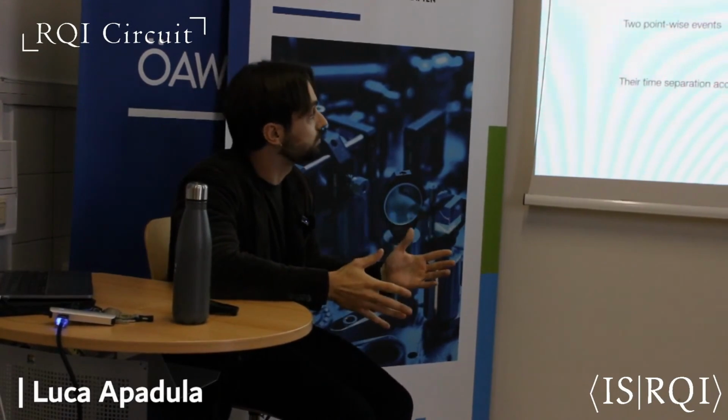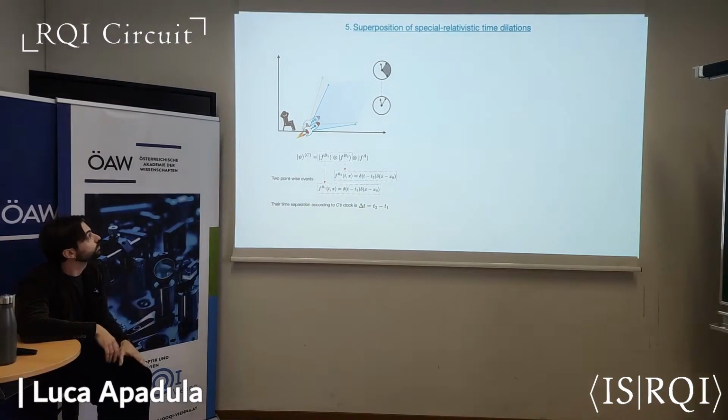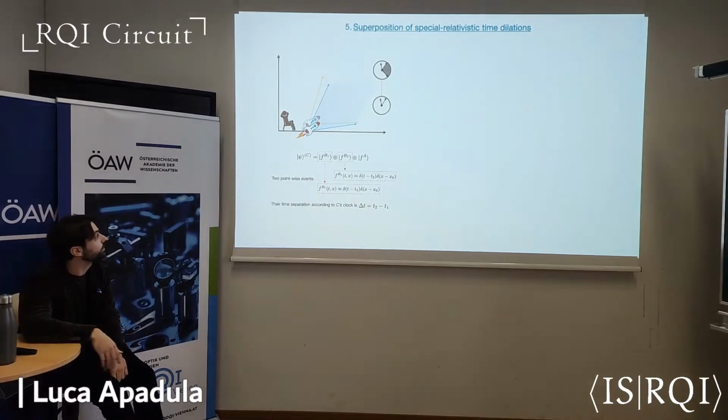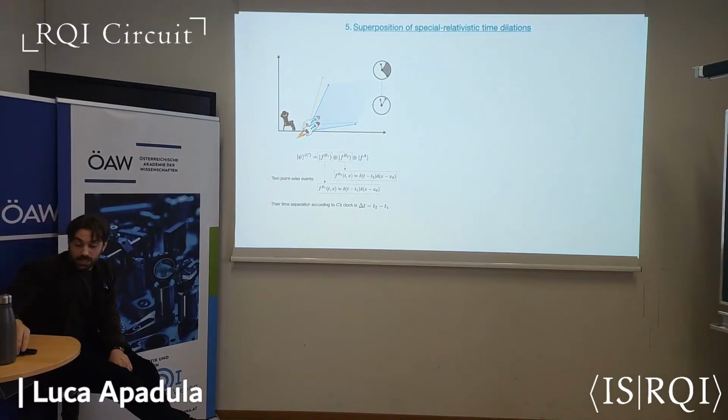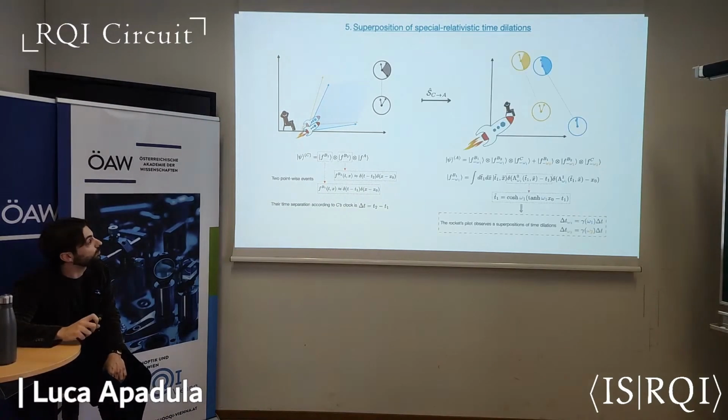We describe this physical landscape from the point of view of the guy sitting on the ground. We have a couple of point-wise events, which according to this guy have a separation in time of delta t, t2 minus t1. And now, what happens if we jump on top of the rocket?